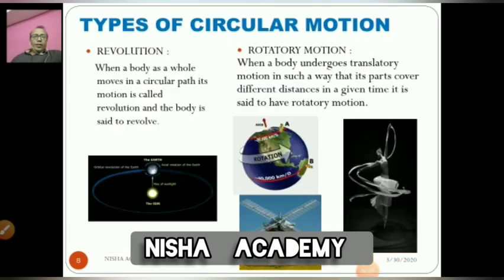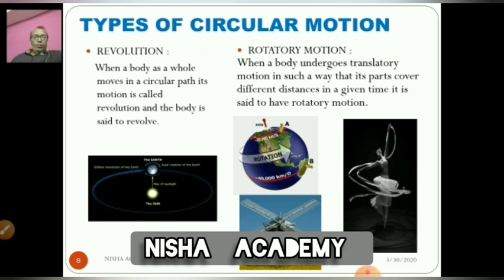Let us learn the different types of circular motion. First is revolution and second is rotatory motion, or we can say rotation. See the pictures below. In the first figure, you can see there is the sun and the earth. The earth is taking a complete round around the sun.